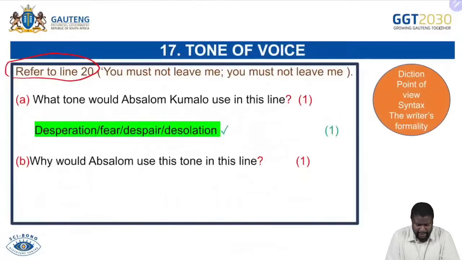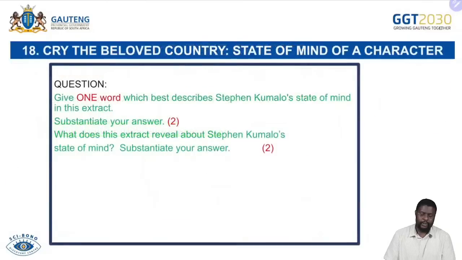He will never see his father again. He will never see his family again. And he's going to be alone when his father goes back to Ndotsheni. I would be desperate. I'm sure you would feel the same way. You know you're never going to see the people that you love again. So that is why he is afraid. That's why he is desperate.